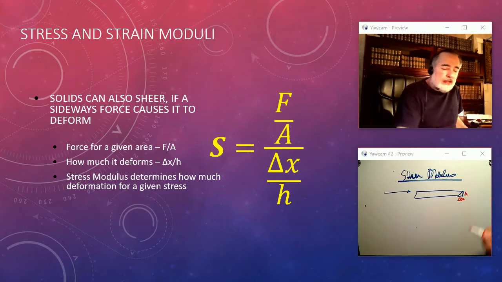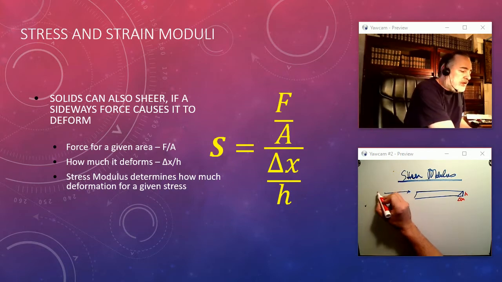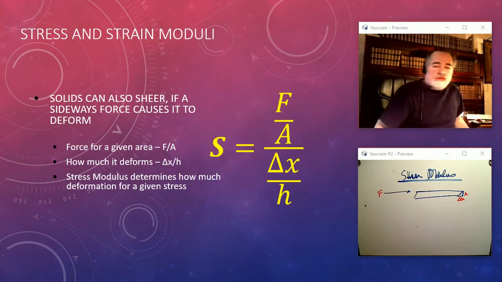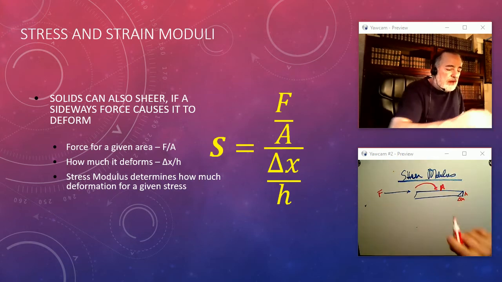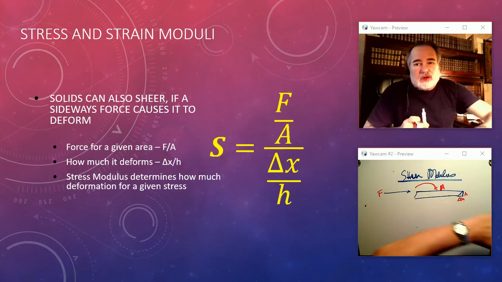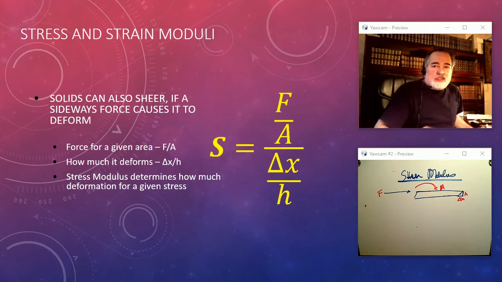Here's the height. So I am applying a force tangentially for a given area, and the area that I'm using is, if I'm putting my hand on this and shearing it, that cross-sectional area of the top, for instance.